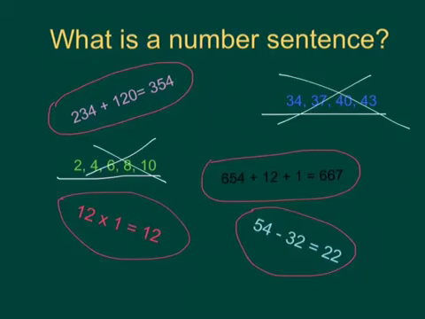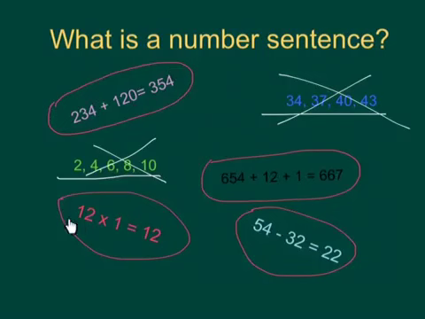Let's have a look at these number sentences. This one is 234, and it's got a little symbol here. That means plus 120 equals 354. So we've got two parts and we join them together to get a whole.